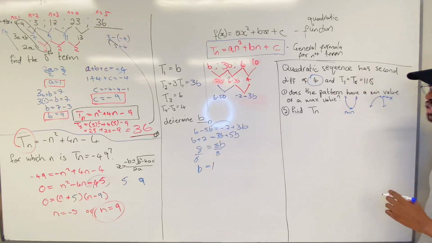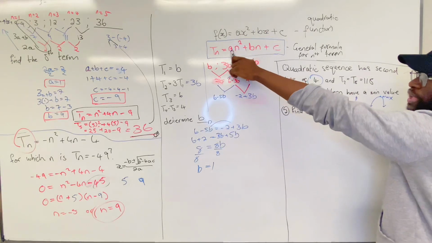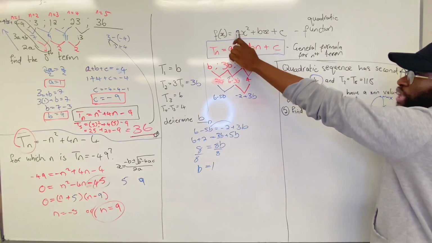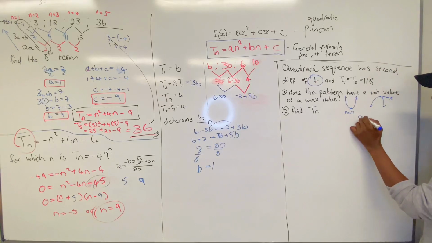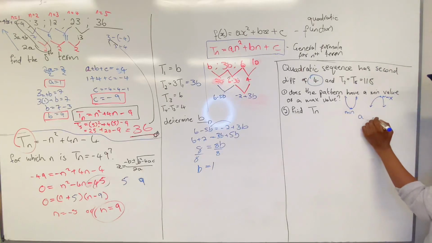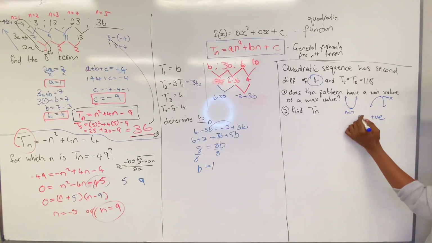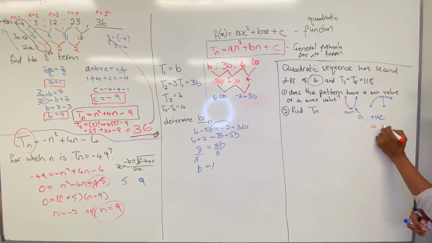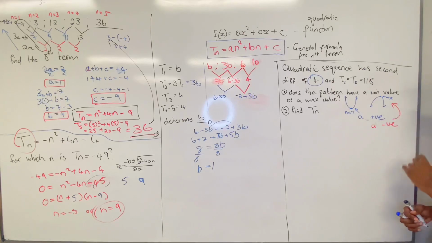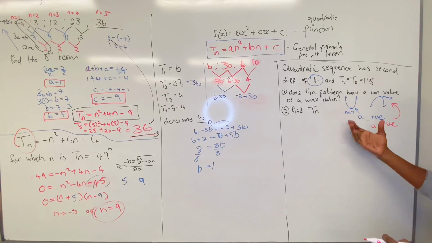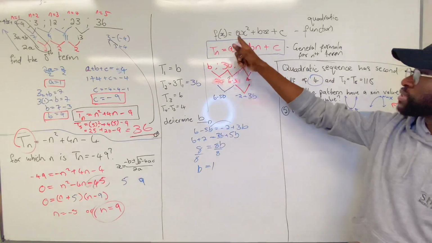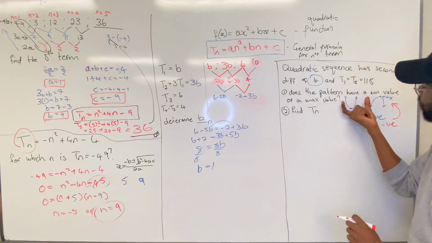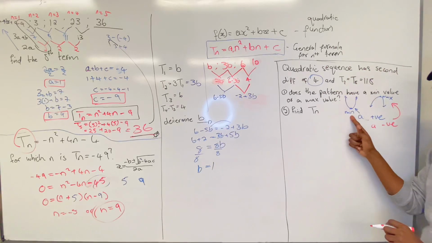The good thing about that is that in a quadratic formula, you look at the value of a. So if a is positive, then you have concave up, and if a is negative, you have concave down. So if your a is positive in this formula, then you'll know that your quadratic function will be concave up, and you will have a minimum value.